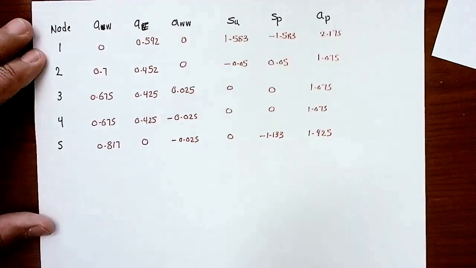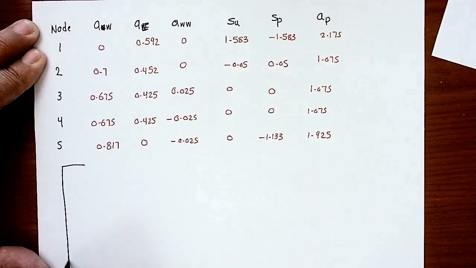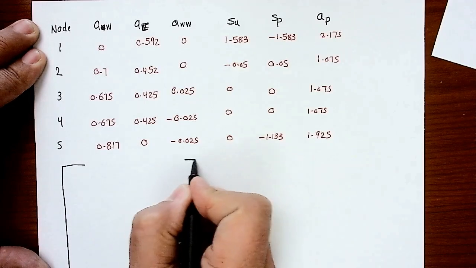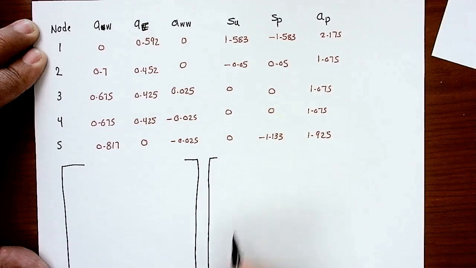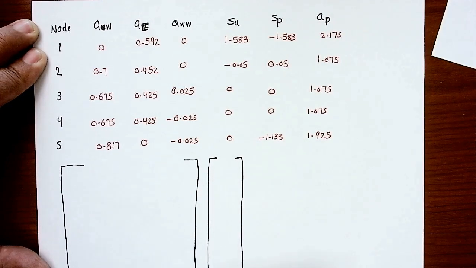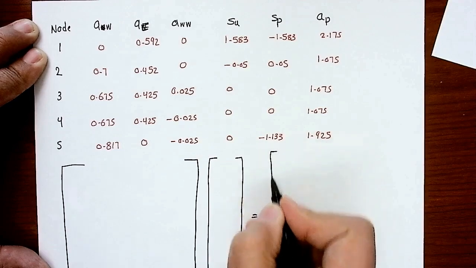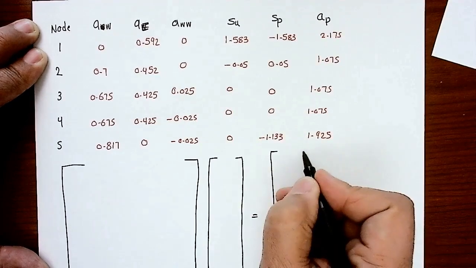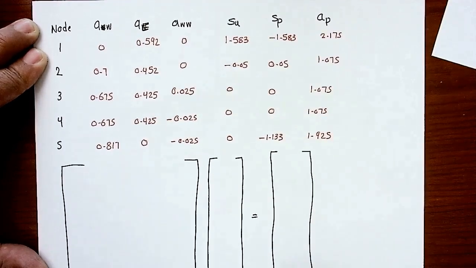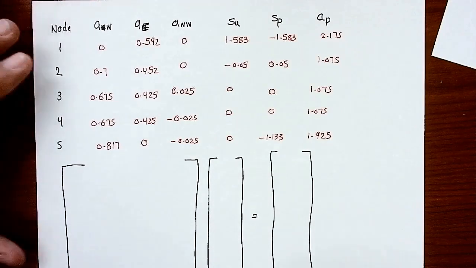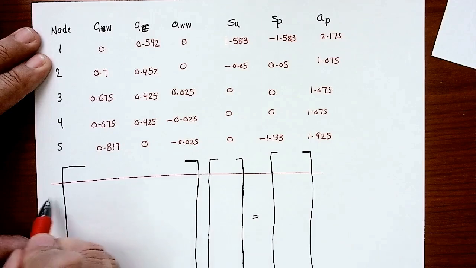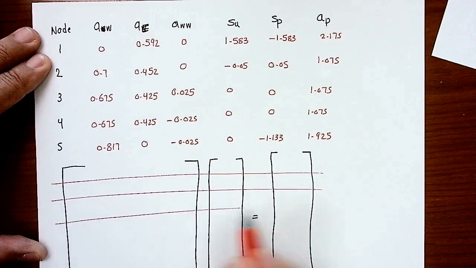I can now construct the coefficient matrix. Again, I'm going to draw a guideline for myself. So I have 1, 2, 3, 4, 5 values.